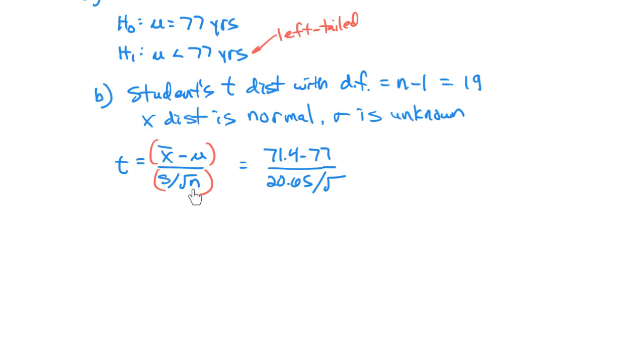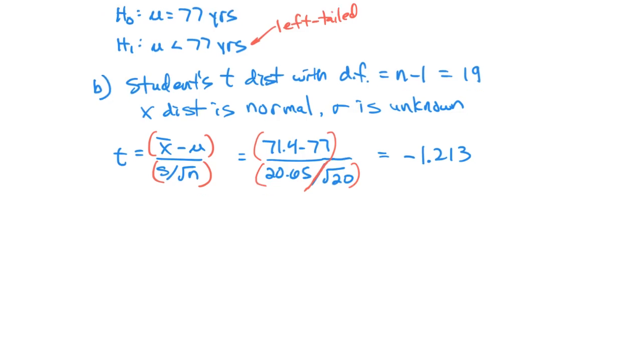But look at the formula, n is the sample size, so put a 20 in here. And make sure you get order of operations right and make sure you divide. If you do that, we should get negative 1.213.